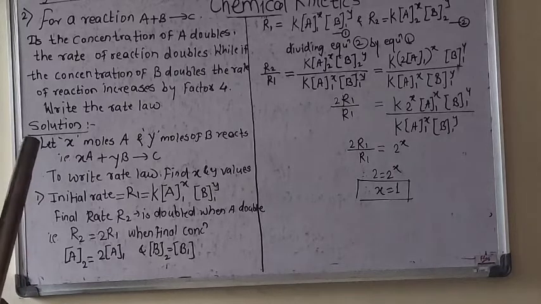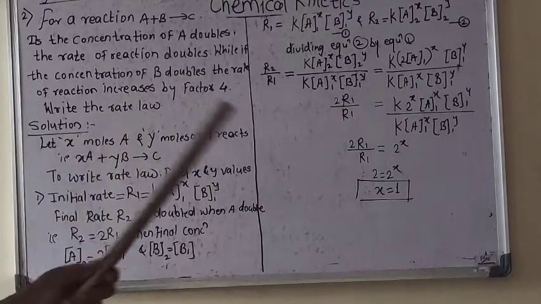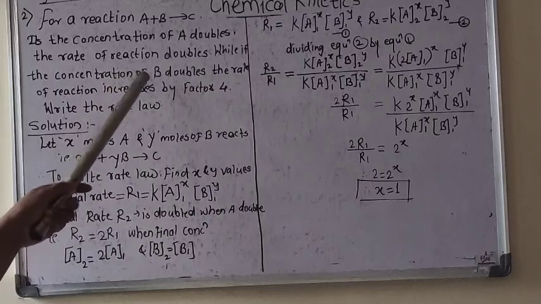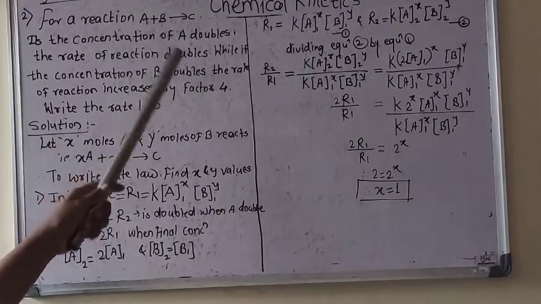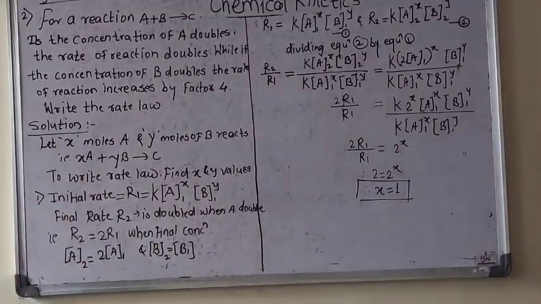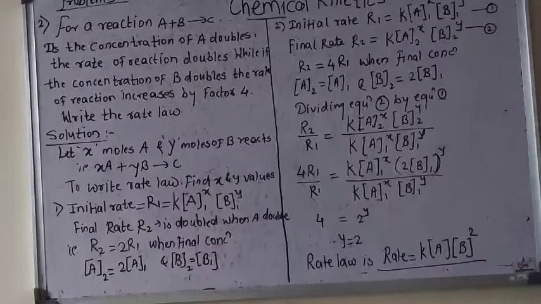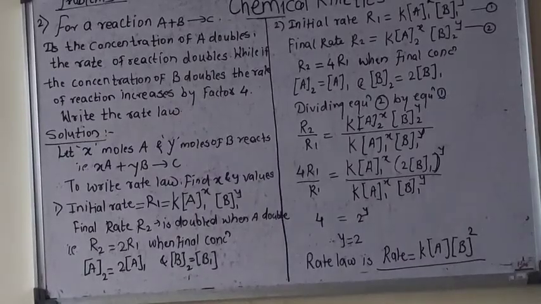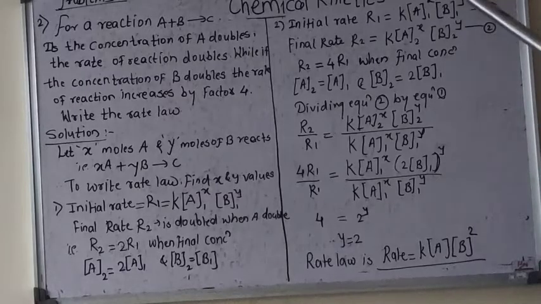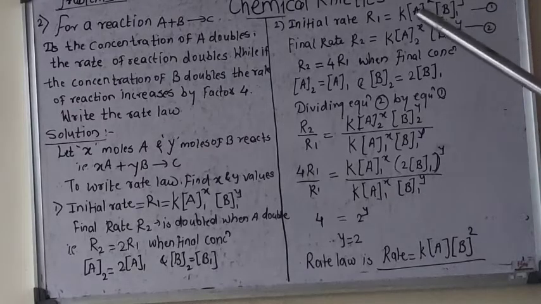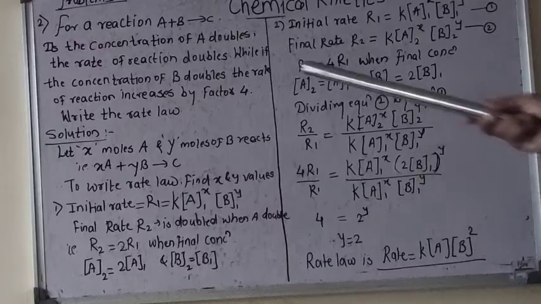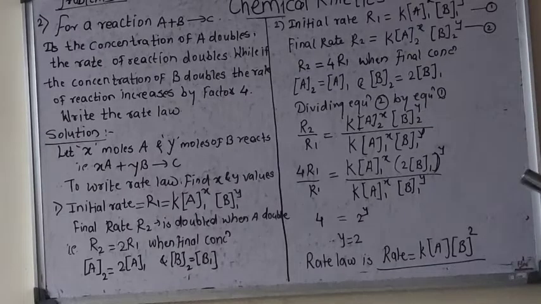Next we calculate the value of Y, because the concentration of B doubles. The X value is already calculated. So now, as the concentration of B doubles, what will be the rate?